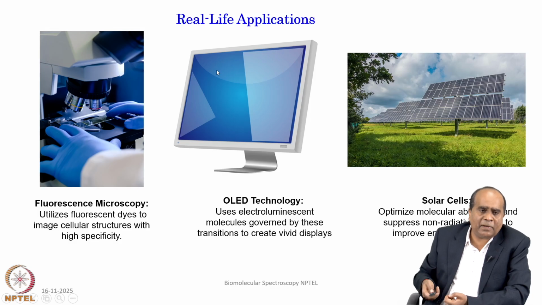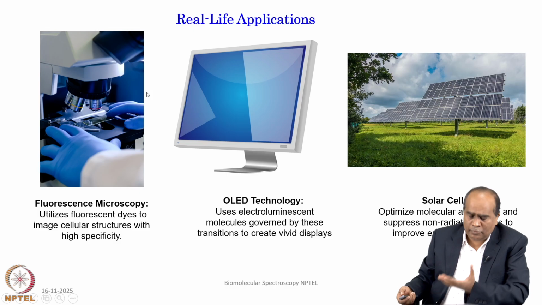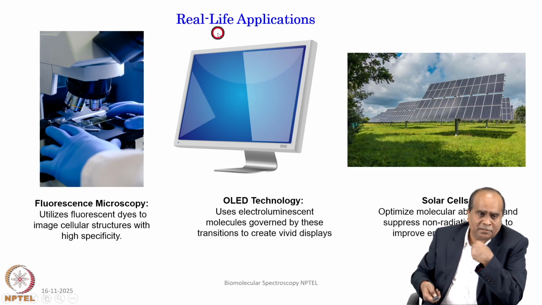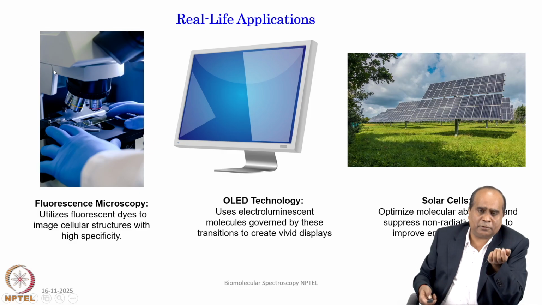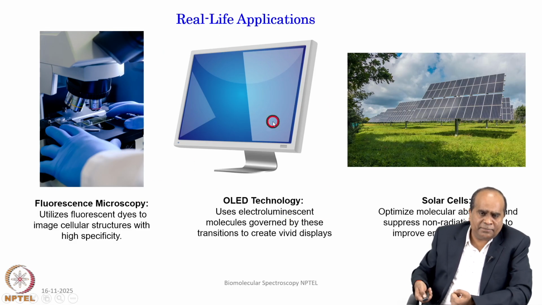Some of the real-time applications we see in biology, life science, or medicine use fluorescence microscopy or spectroscopy extensively. You can see very specifically what is happening in the cell by doing this microscopy called fluorescence microscopy. In material science, all the TVs or computer screens that give you a vivid display also show some spectroscopy phenomena.